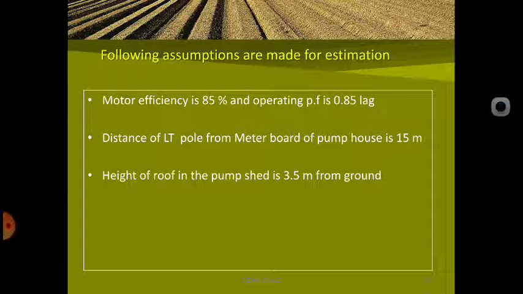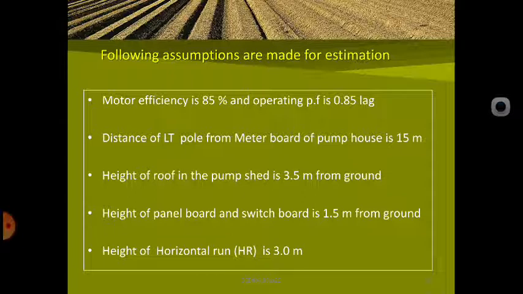We have already taken the dimensions of the room. The height of the panel board and switch board is 1.5 meters from the ground. Next, the height of the horizontal run, which we have already assumed, is 3 meters from the ground floor or 0.5 meters from the roof. Next, the cable.